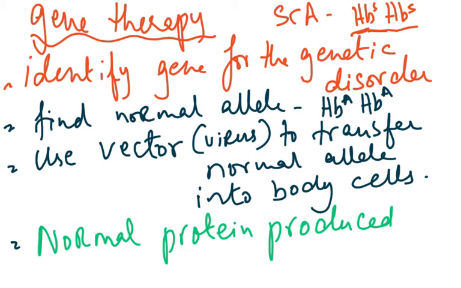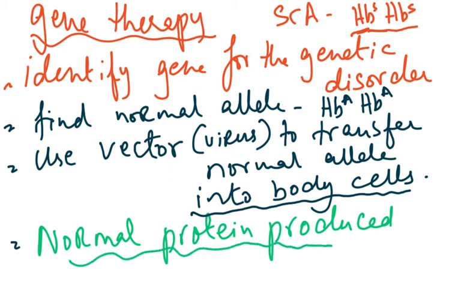So we find out the normal allele and then we use a vector like a virus to transfer the normal allele into the body cells where hemoglobin is being made. So what will happen is that instead of the defective hemoglobin being made, the normal hemoglobin molecule will be made, and of course all the problem will be solved, because the person who has sickle cell anemia produces a hemoglobin molecule which has one amino acid which is wrong.